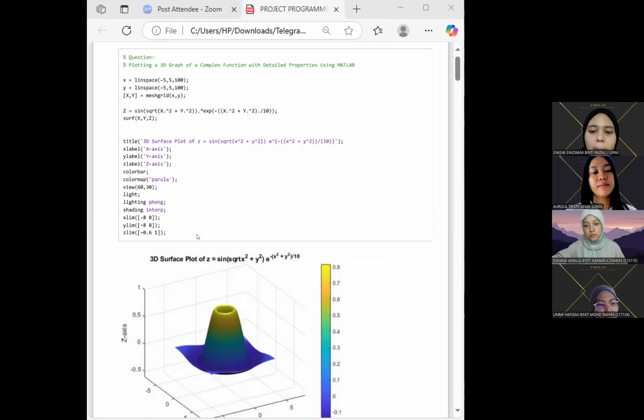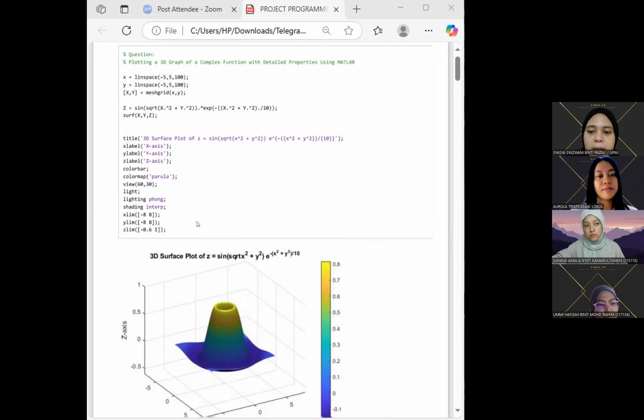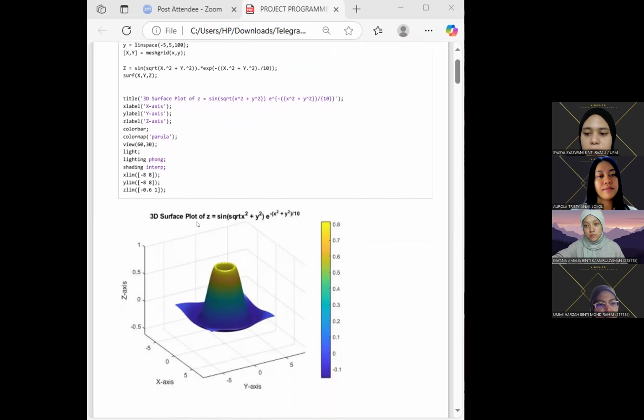All of these steps combine to produce a clear and informative 3D plot that shows how the function behaves across the XY plane. The equation not only tests our MATLAB skill in 3D plotting, but also deepens our understanding of how a mathematical expression can be visualized and interpreted through simulation.